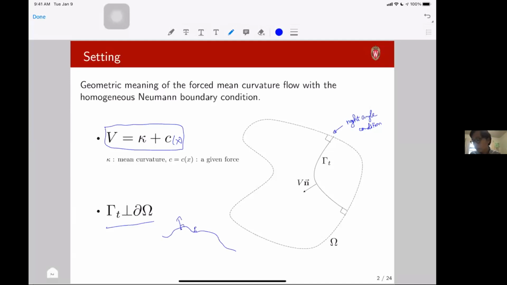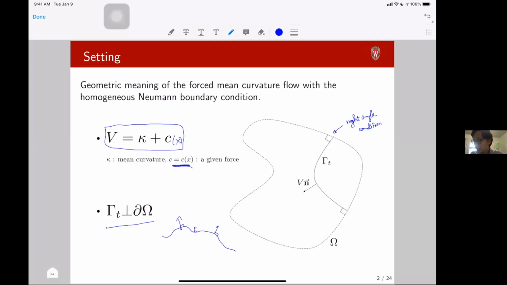Also, we are motivated by crystal growth, in which at different locations in the media, the growth speed is different, and that's why we want to consider the velocity that is a variable in x.